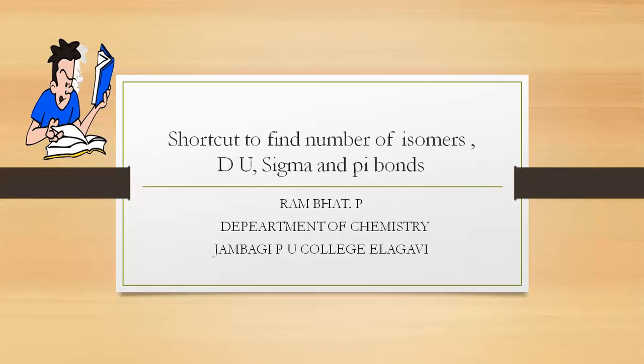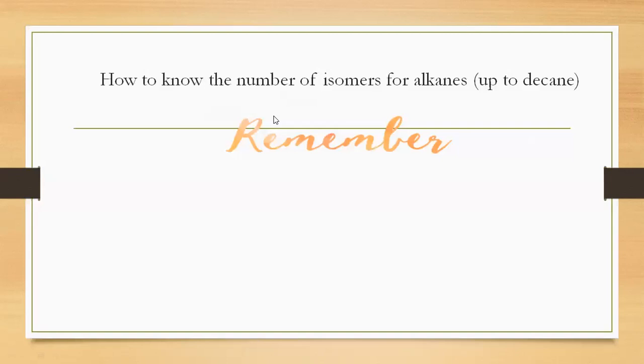What is the number of sigma and pi bonds present? So easily and quickly we can calculate that. So see how to know the number of isomers for a given alkane.